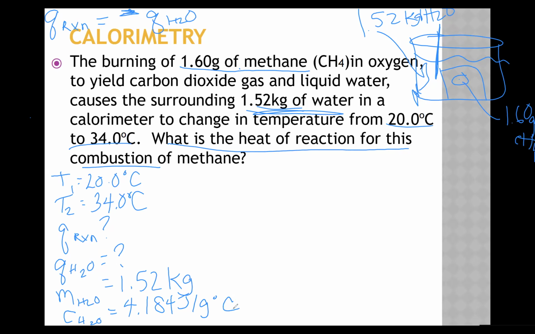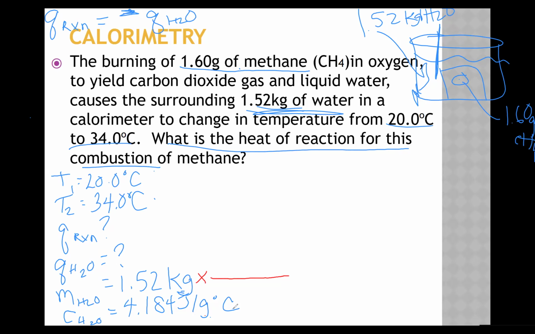Now, I want to make sure that all my units are the same. I have joules, grams, and degrees Celsius. I have degrees Celsius for my temperatures. My mass, I have kilograms though. I can't leave that in kilograms because they won't cancel out. So I've got to change, just like we did in week 1, I believe it was, my kilograms to grams.